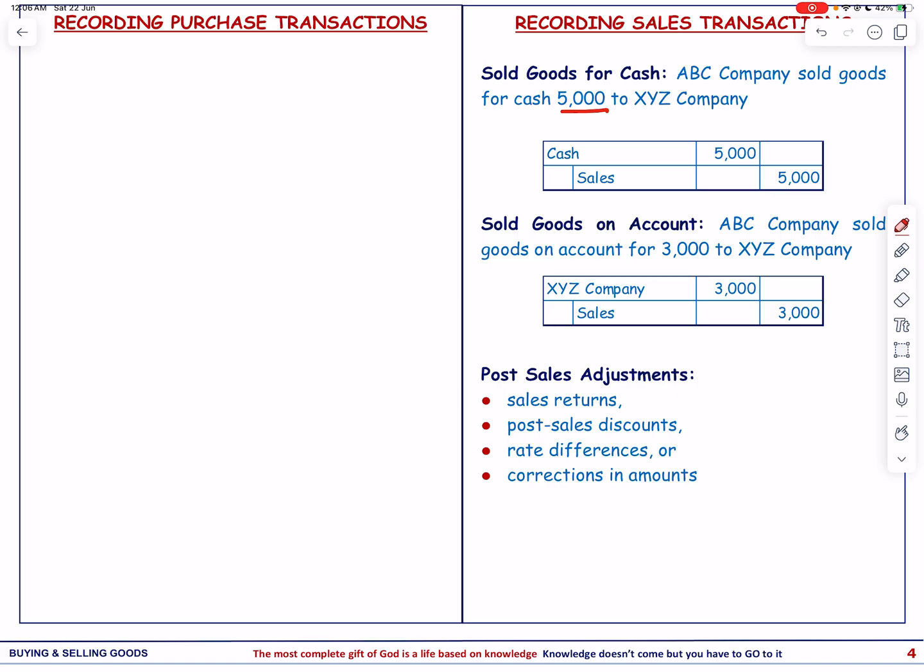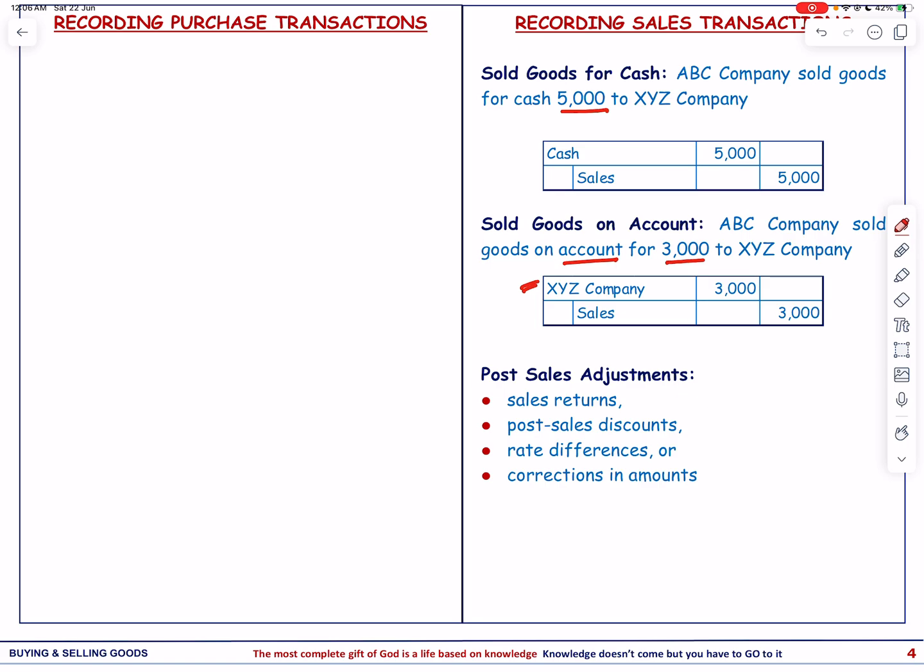Then ABC company sold goods on account for 3,000, and they are selling on account. So XYZ company is debit and sales is credit. You can note that we have recorded here XYZ company and not accounts receivable, as we generally do in the initial accounting courses.